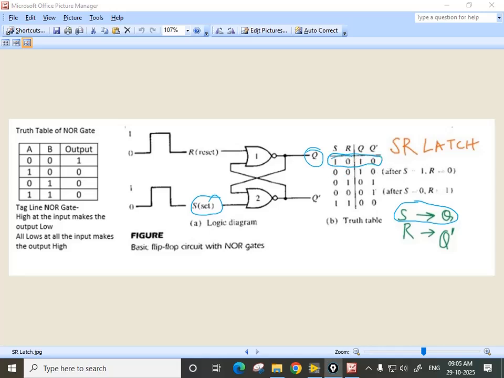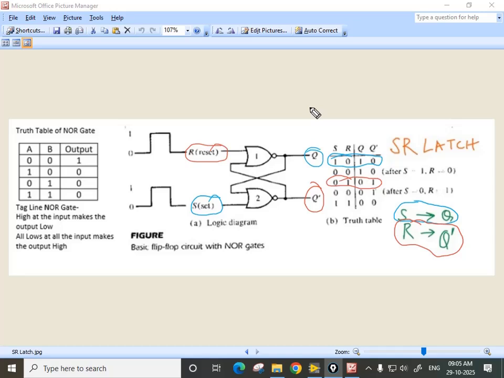And the second condition is, when we set R equal to high, Q dash gets high. So R gets high, Q dash gets high. So this is SR latch because of setting making the Q high and resetting making the Q dash high. So that comes to the end of explanation of SR latch.